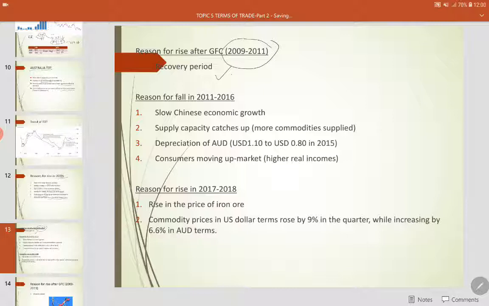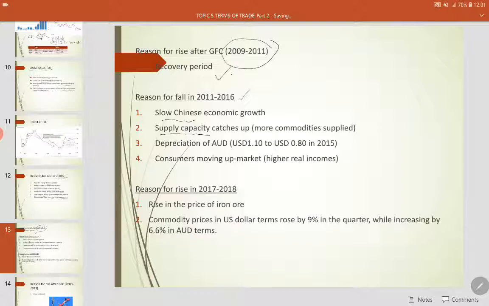So why is there a fall from 2011 to 2016? Just now in the graph I showed you, there's a sharp fall from 2011 to 2016. In this period of time we have slow Chinese economic growth. When China's economic growth is slow, they demand less of our exports. And we have oversupply.